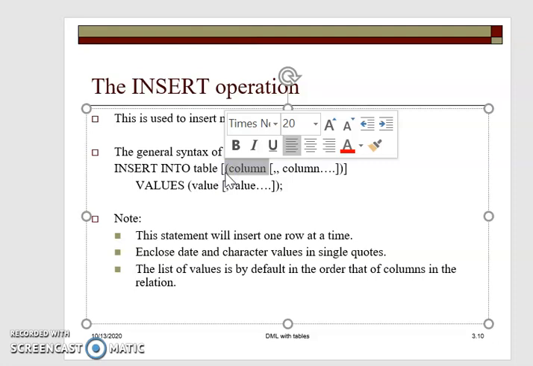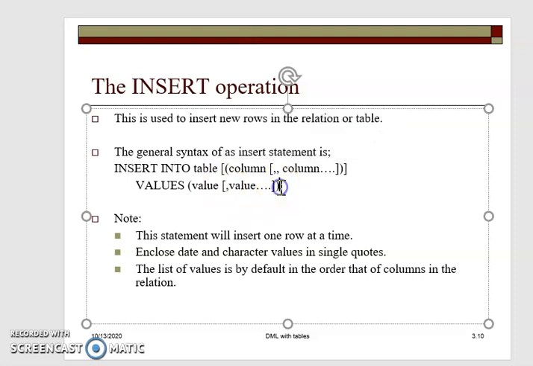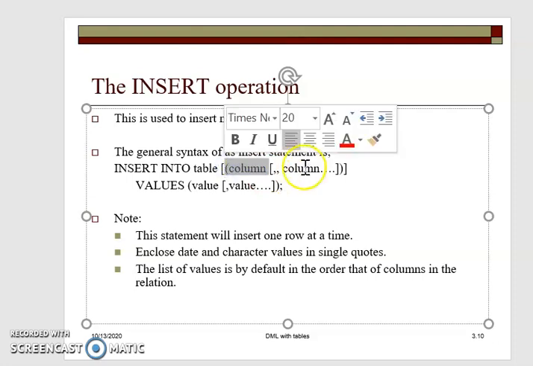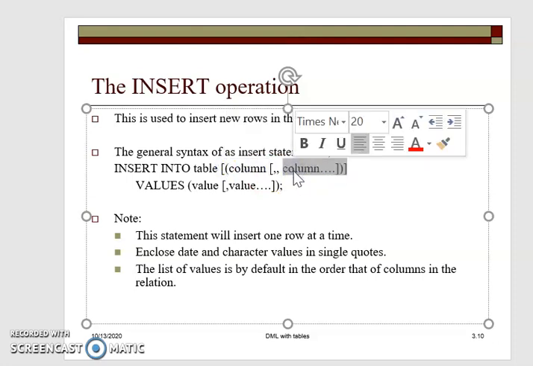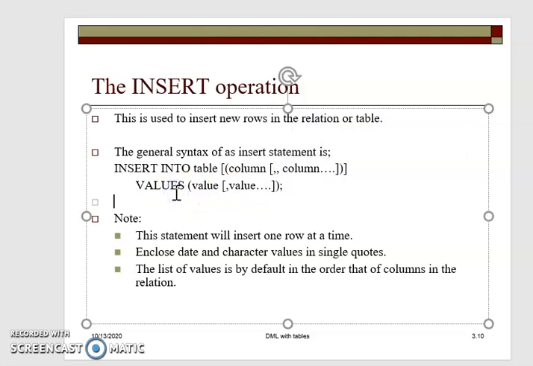For example, here, if you have specified registration number, that means you have to specify all the columns in the order you created them. If you created a table and you said registration number, first name, last name, then even at the time of insertion, registration number will appear first, then first name and last name. After specifying the columns, then you go to the values. Then we are supposed to add the values.